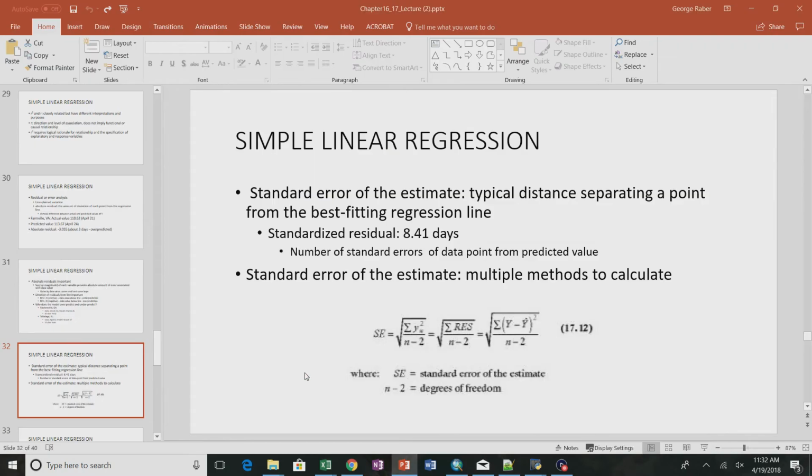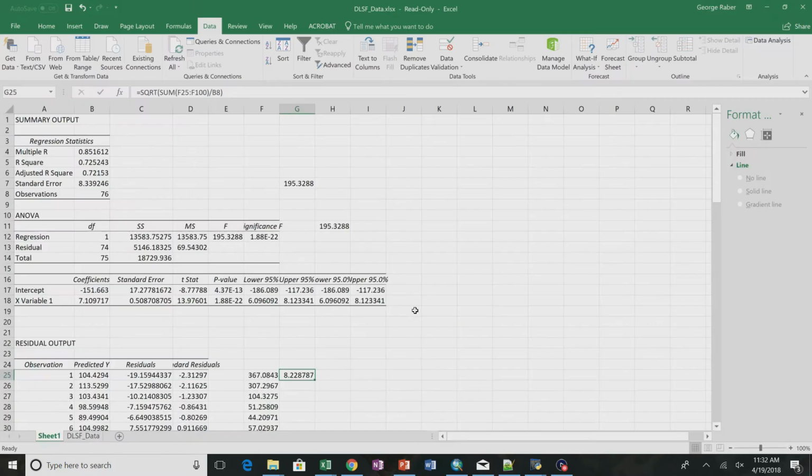The sum of the residual values divided by n minus 2, take the square root. That's what we did. Oh, maybe it's because I don't have parentheses. Let's try it. Yep. It's the order of operations again. Sorry. So that number right there is the standard error.